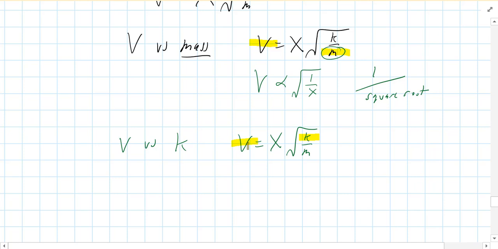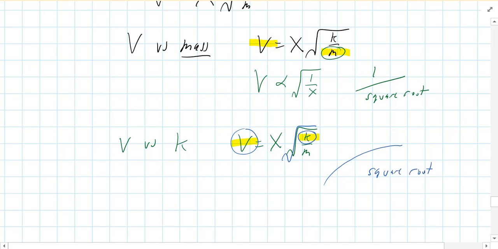And if we are ignoring x and m because you're not changing the mass and you're not changing the spring compression in this part of the lab, this would have been part 3 of your lab, then when you increase k, your velocity increases, but you've got to be careful. If you double k, your velocity only increases by the square root of that, which is root 2, okay? So the thing you should have picked when you did your curve fitting, the curve should have looked something like this, and that was a square root curve, okay?